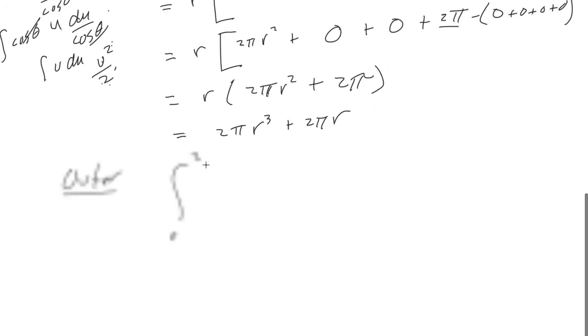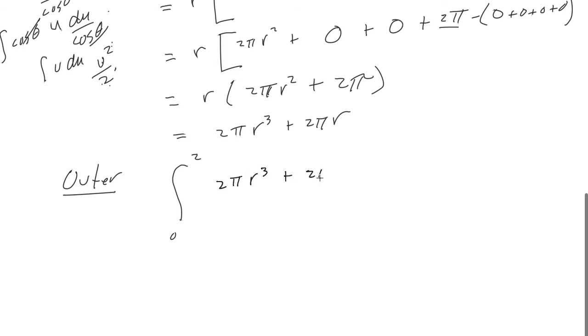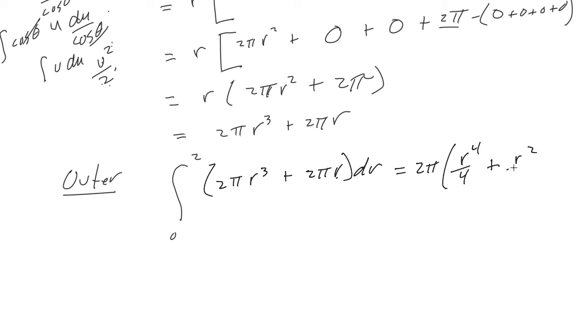We have 2 pi r cubed plus 2 pi r dr. Let's pull this 2 pi out in front. So the integral of this is r to the 4th over 4 plus r squared over 2, and that's from 0 to 2.